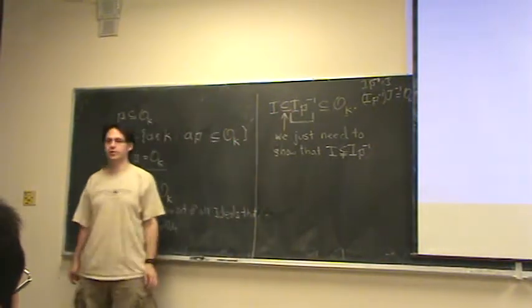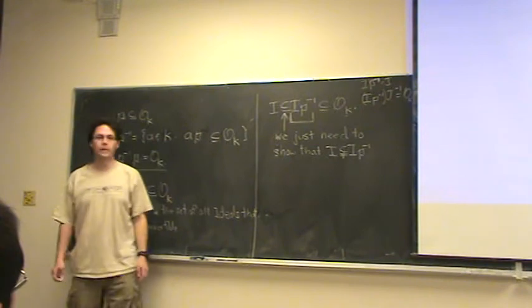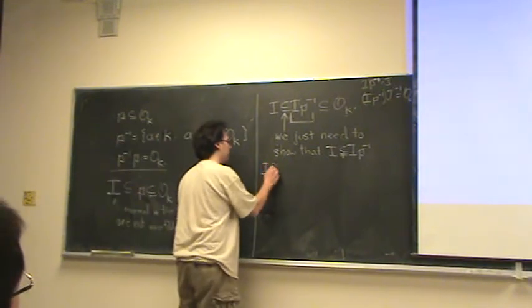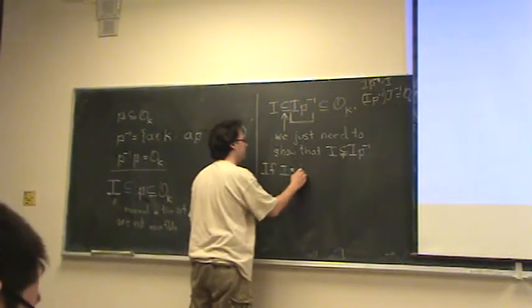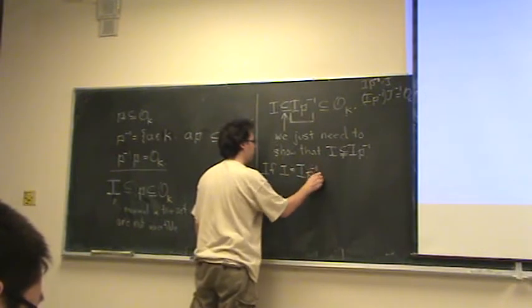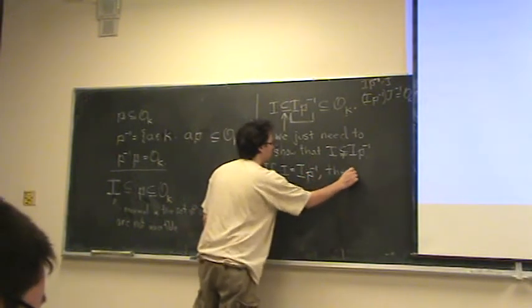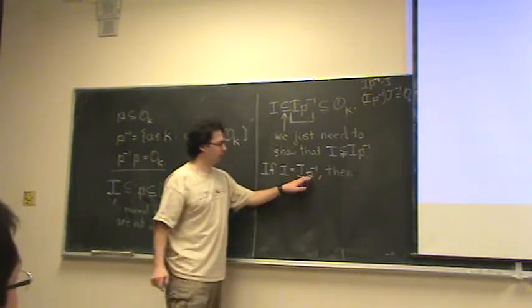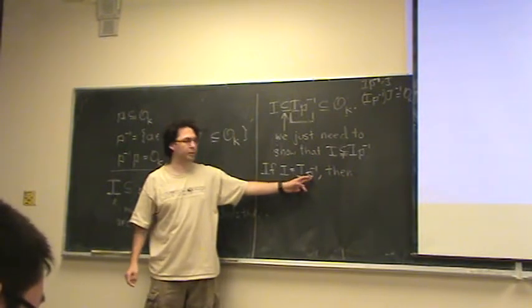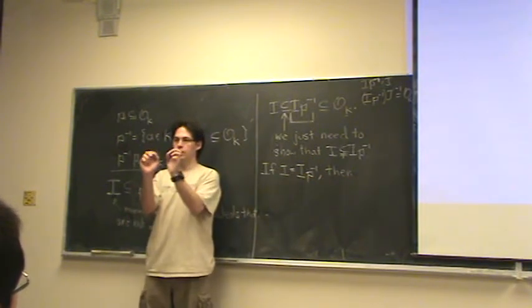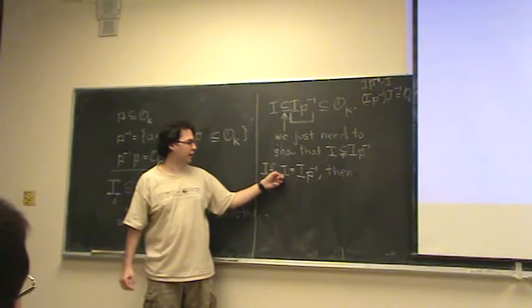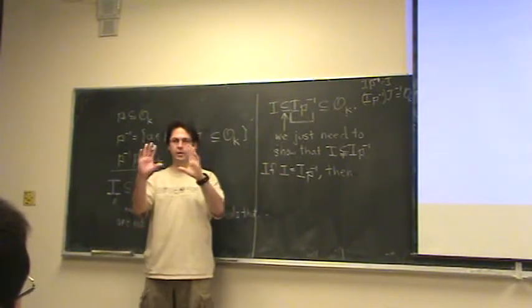But that was exactly the trick I showed you last time at the very end. If I equals I P inverse, then just imagine taking any element of P inverse. You can write it with respect to a basis for I as a Z module, you can write down its matrix.